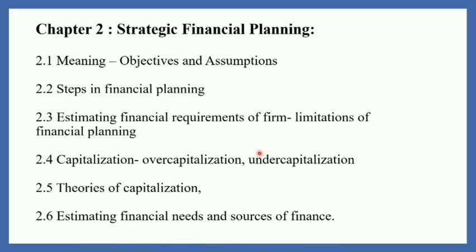The next one is chapter 2, strategic financial planning, in which we will see the meaning, objectives and assumptions of strategic financial planning. The next point is the steps in financial planning: what steps are required to be followed for developing financial planning. Third is estimating financial requirements of the firm, and limitations of financial planning.